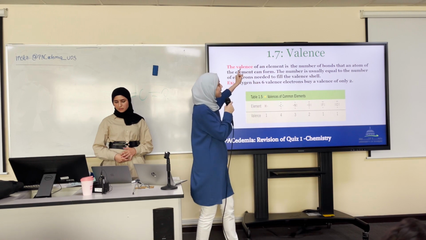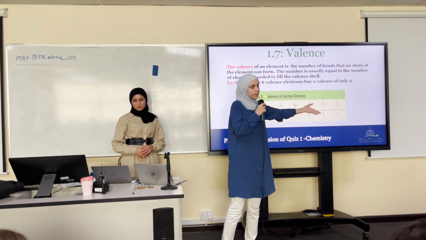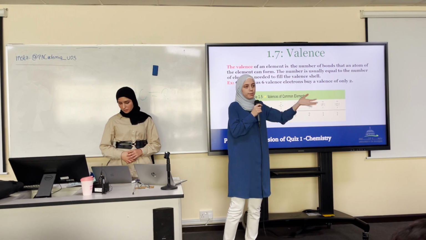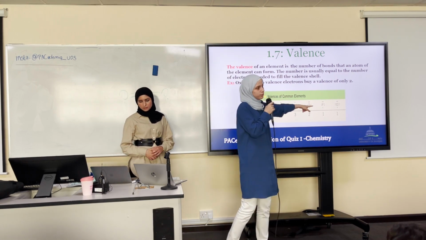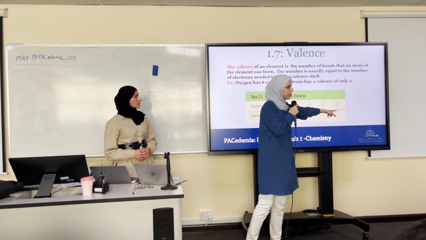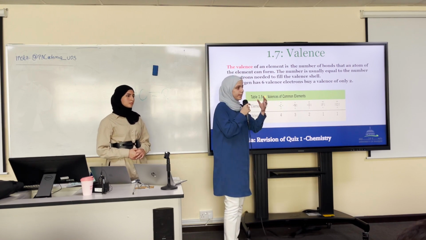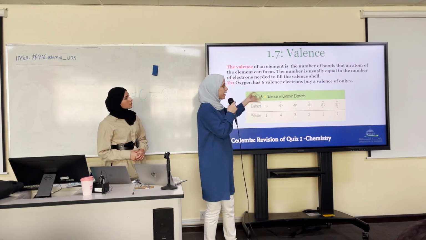But the valence is the number of bonds that an atom can make, which is the same as the number of electrons the atom needs to be stable. So oxygen 2, fluorine 1, chlorine 1, carbon 4, and hydrogen 1. These are the bonds that the atom can make.